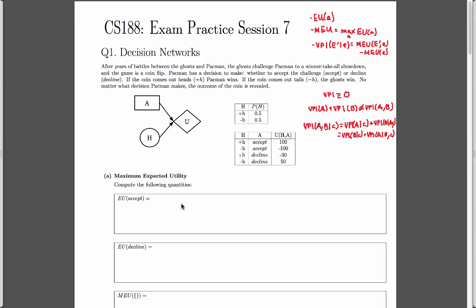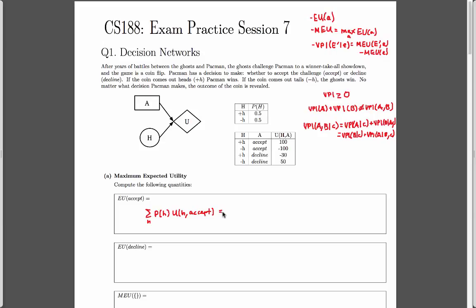Then we know that if Pac-Man accepts the challenge, then he will have certain utilities based on the outcome, and if Pac-Man declines the challenge, then he will also have certain utility values based on the outcome of the heads. So first, let's calculate the expected utility of accept. So what this looks like is you're just going to look at all your possible outcomes. So you're going to technically sum over your values of h, of the probability of h times the utility of that value of h and the action accept.